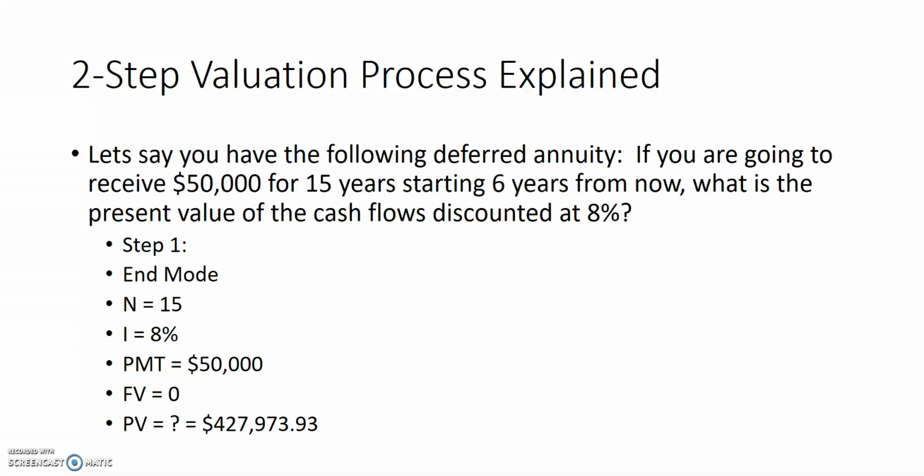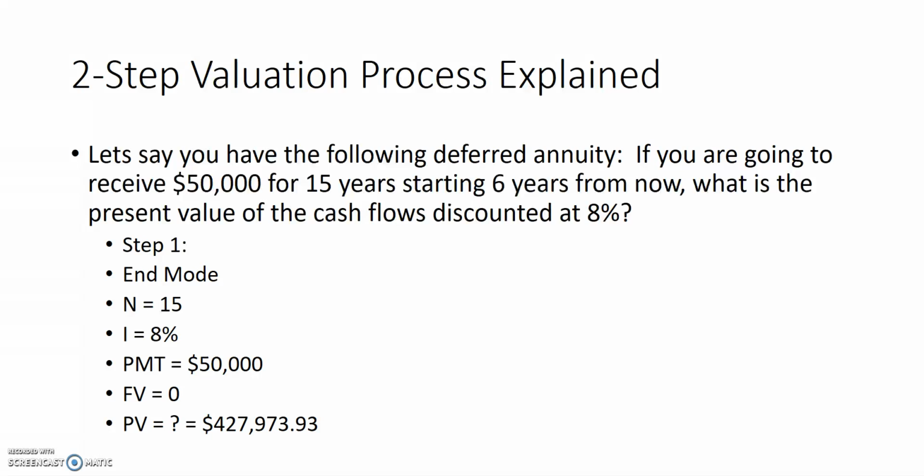So step one is going to look like any other regular ordinary annuity. We are in end mode, because it has not specified that we are in begin mode. The annuity is going to last for 15 years. Our interest rate is stated to be annual 8%.